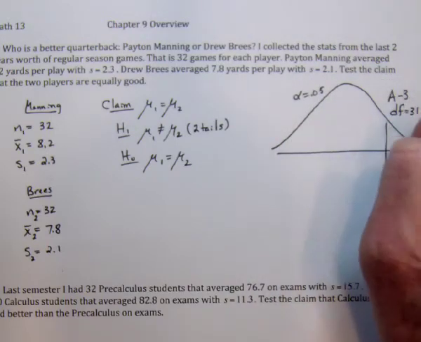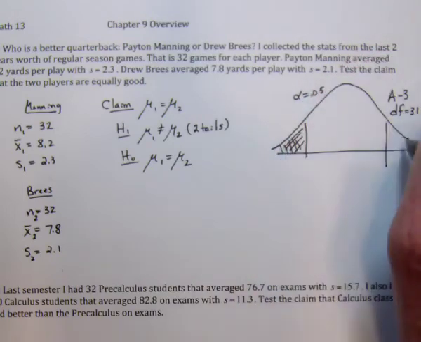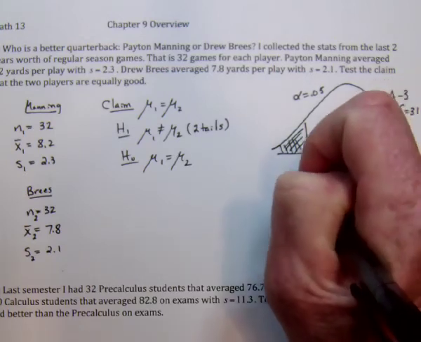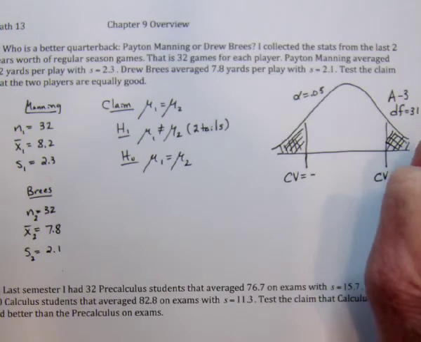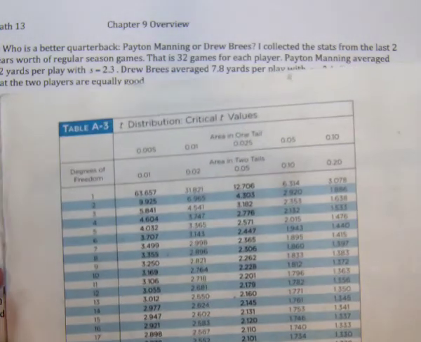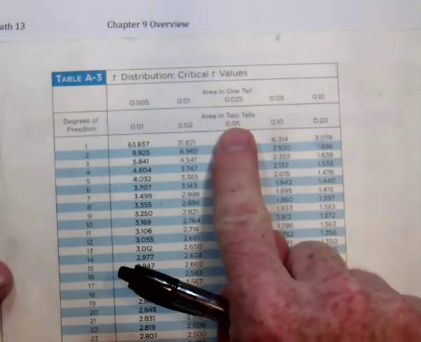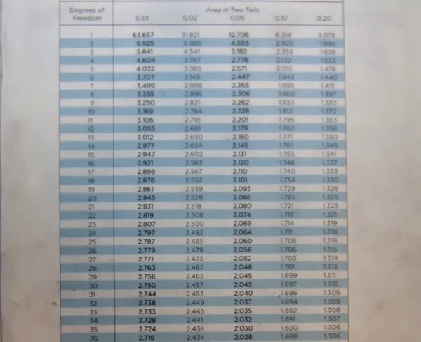So we'd have these two tails, and then I need table A3. This critical value is going to be negative, this critical value is going to be positive. So table A3, that's going to be the middle column because it's two tails with 0.05, and then degrees of freedom 31, it actually does occur in the table down here.